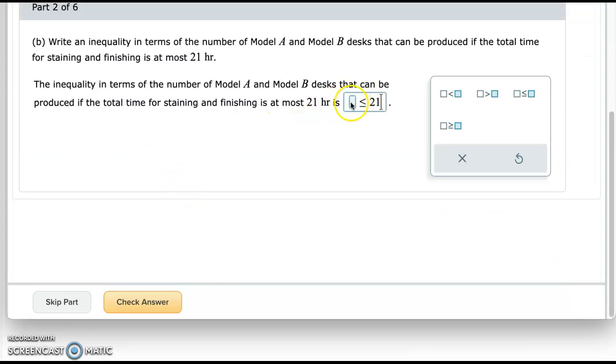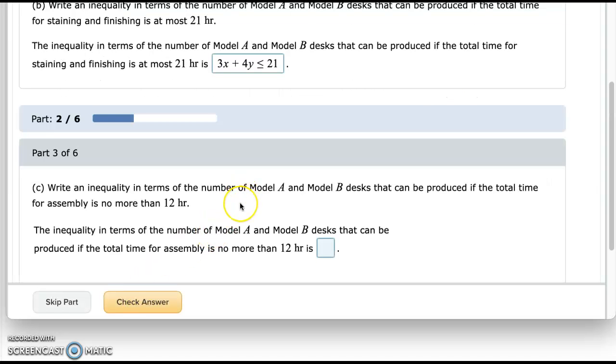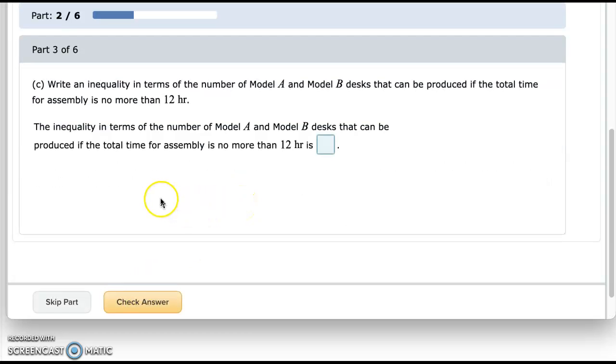So we're going to put 3x plus 4y. X represents the number of Model A desks that are produced, and Y represents the number of Model B desks. So let's check our answer there and see if we got it correct. We did. So now we have part 3.